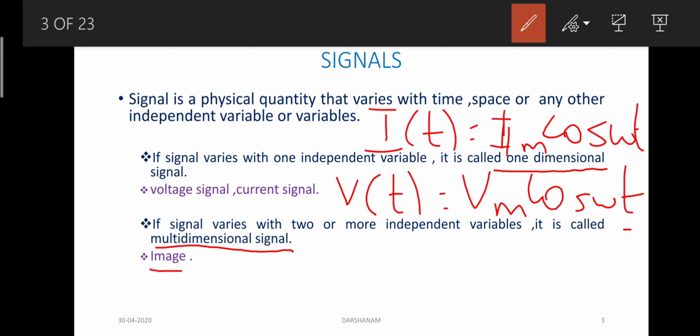If we consider, it will change from one pixel to another throughout the image. So, here there are two independent variables in x-axis and y-axis. But the two independent variables are same and it is space. So, image is a two-dimensional signal which is varying with space in x-axis and y-axis.